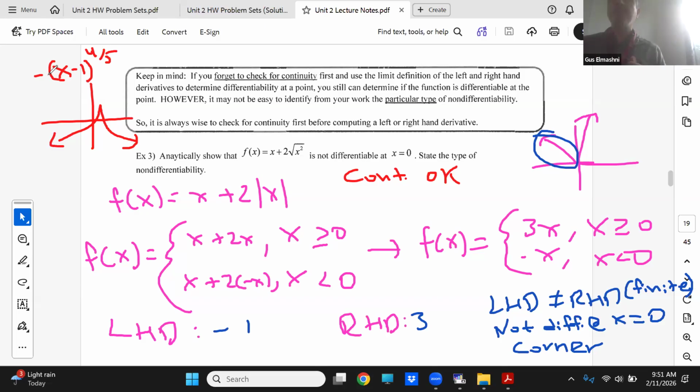That's a possibility, and that would still be the same thing. But it means that these one-sided derivatives are finite numbers. They didn't have infinity. They actually had finite numbers that we can identify. Okay, questions? All right, let's keep moving.